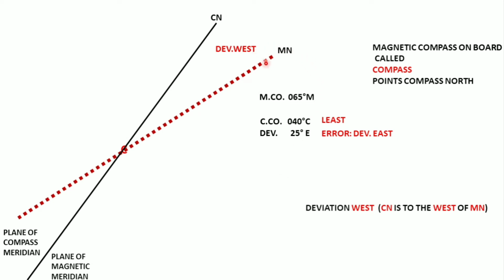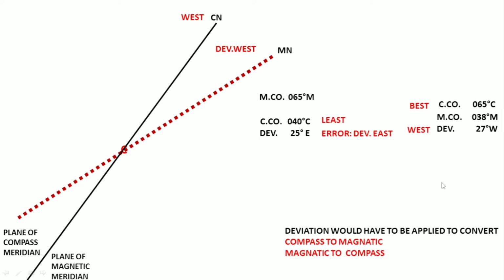It is called west if compass north is to the west of magnetic north. And as I said, I would go about by looking here. Compass west, error west. So deviation would be 27 degrees west.